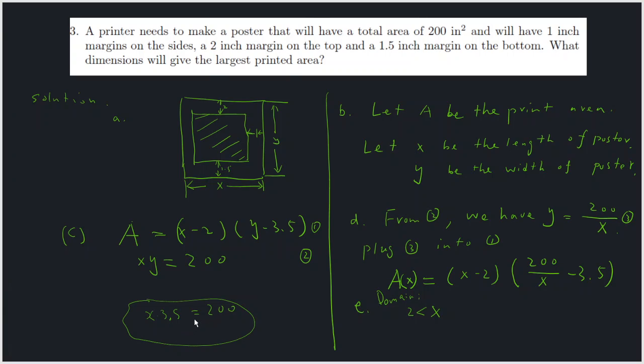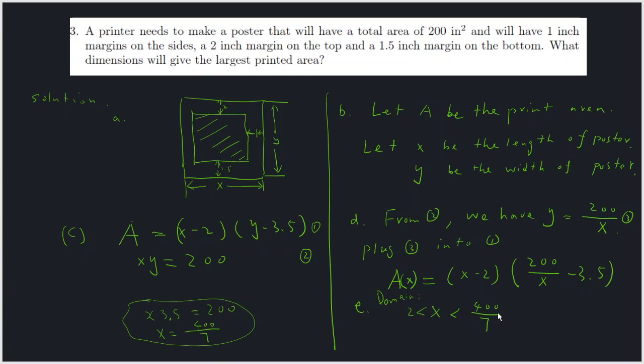You divide both sides of the equation by 3.5, and then you multiply the numerator and the denominator by 2 to write a nicer fraction. The value of x is going to be 400 over 7. I'm trying to tell you the largest possible value of x is 400 over 7.